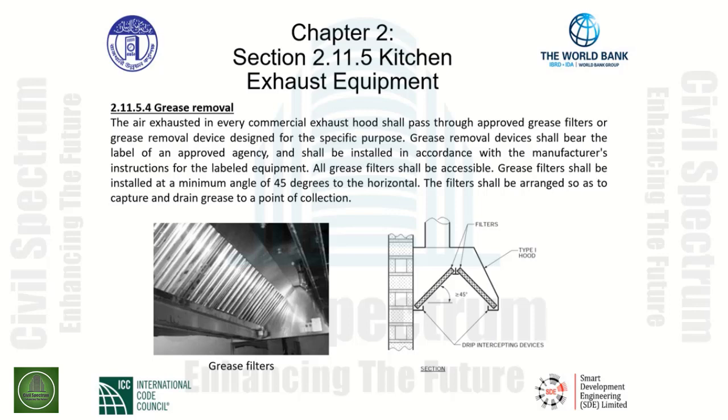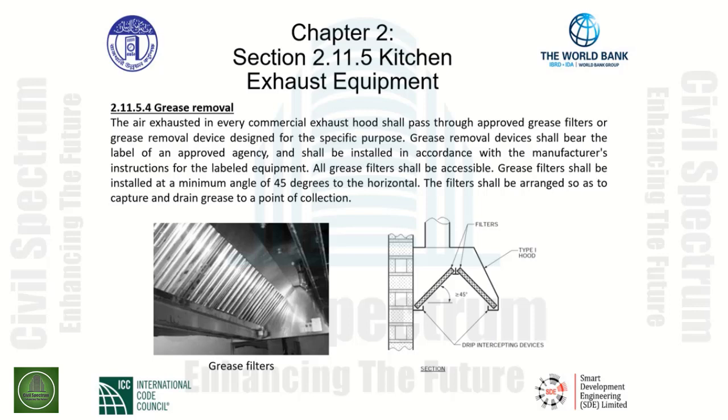The air exhausted in every commercial exhaust hood shall pass through approved grease filters or grease removal device designed for the specific purpose. Grease removal devices shall bear the label of an approved agency and shall be installed in accordance with the manufacturer's instructions for the labeled equipment.